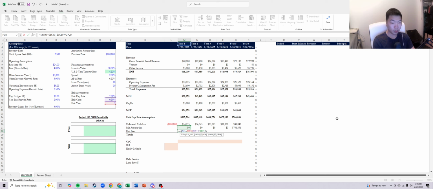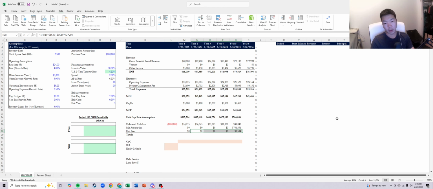If not, show me 0. I guess we don't have to do this if statement, because if we're not selling anything, it shows 0 on our sale price anyway. But oh well.